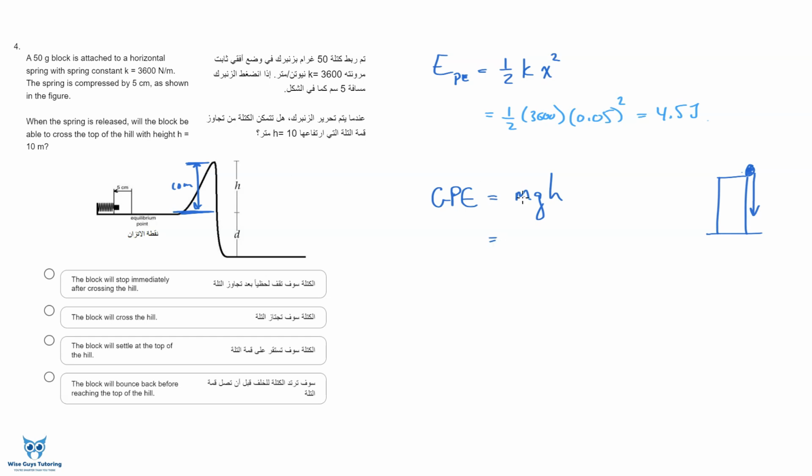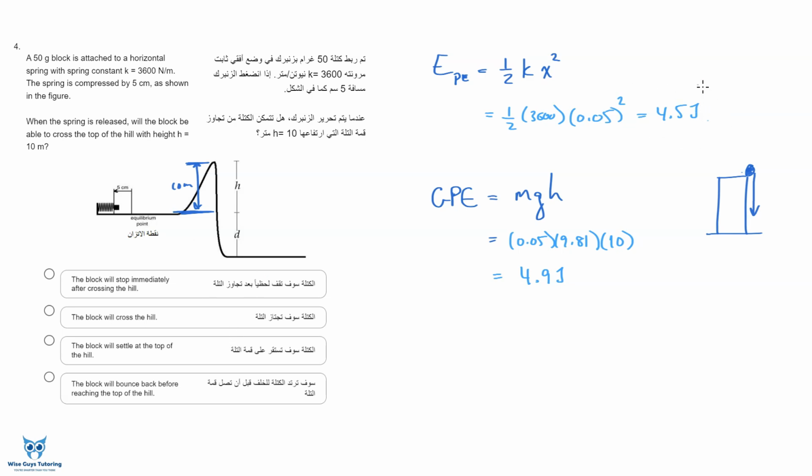So we're going to substitute some of these values. Instead of using grams, I'm going to divide by 1,000 and get kilograms. We're going to use 9.81, which is the gravitational constant, and multiply by a height of 10. So a change of height of 10, and if you put these numbers in, you will get that you need 4.9 joules of gravitational potential energy between this level and that level.